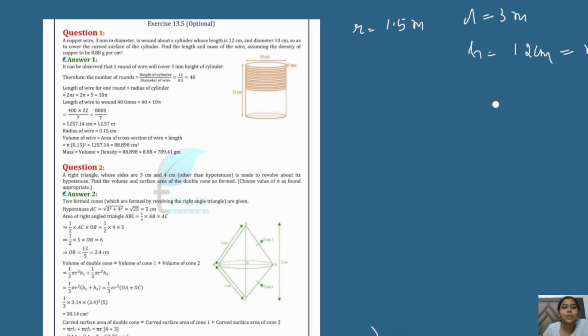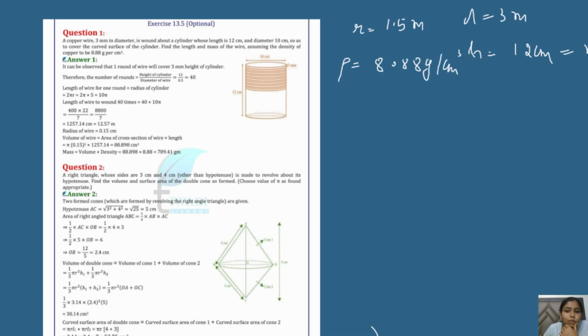First, write whatever is given in the question. You have to find the length and the mass of the wire, assuming the density of copper is 8.88 gram per centimeter cube.